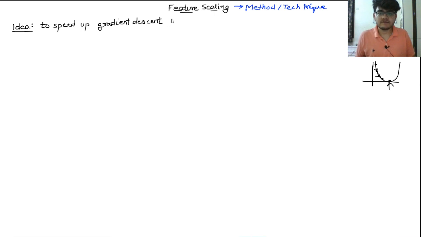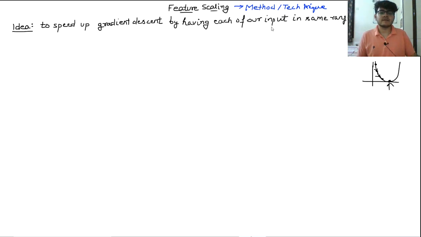So how can we speed up gradient descent? By having each of our input values in roughly the same range. Remember, input is nothing but our feature. So what does this mean?